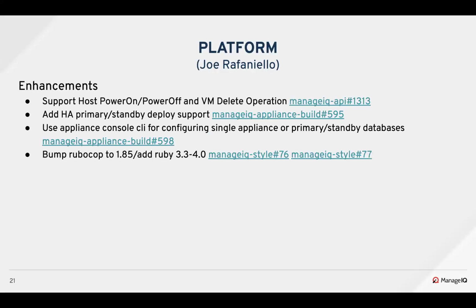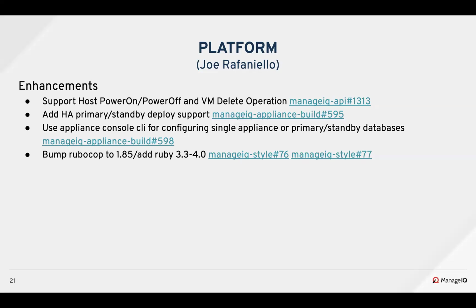For platform enhancements this sprint, a community user added API support for host power on and power off, as well as VM delete operations. Next, I added the ability to deploy high availability primary and standby Postgres appliances in the KubeVirt VM deployment script.